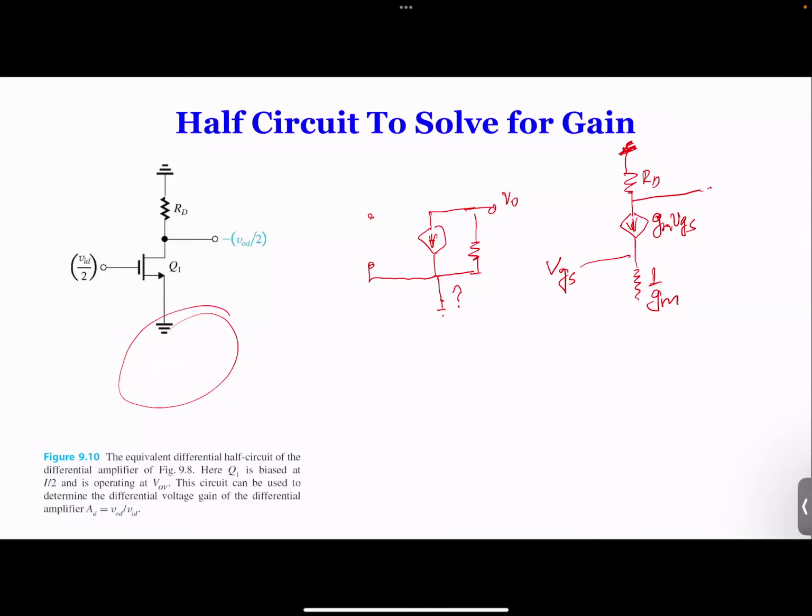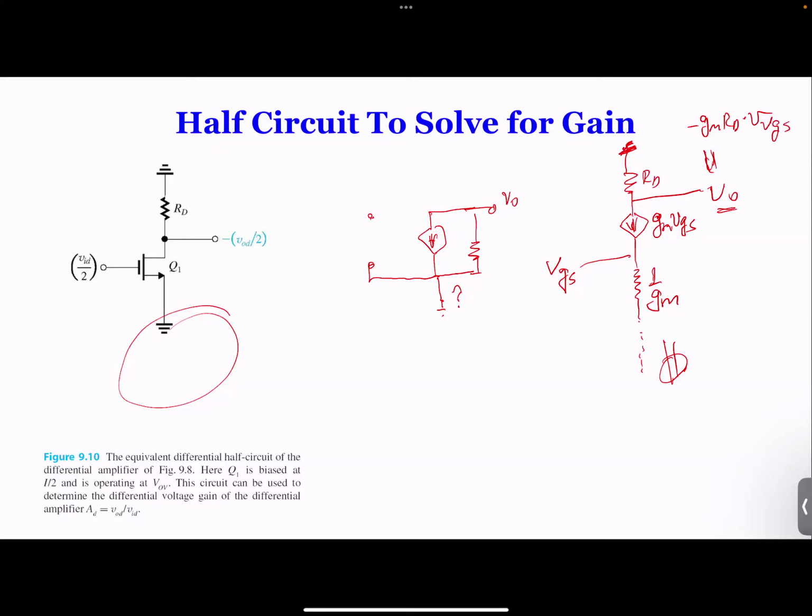So the output over here, VO, it doesn't matter where the bottom goes. We can always get VO equal to minus GM times RD times VGS. So that's how to do it.